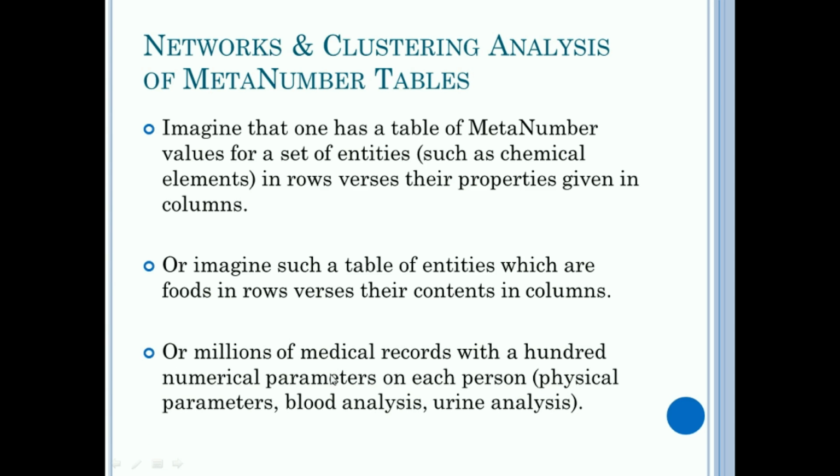Or we could look at medical records of hundreds and thousands and even millions of patients and think of each patient as an entity, even with multiple visits, and look at their properties, which are physical parameters, blood analysis, and urine analysis.